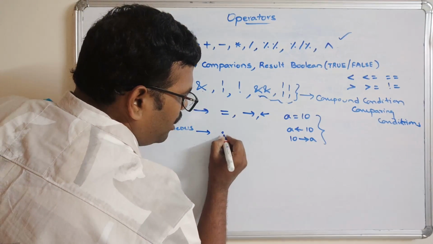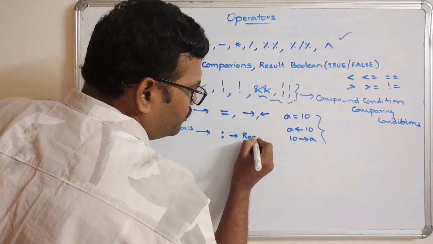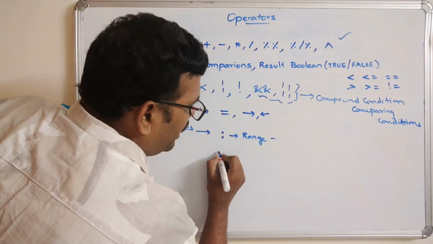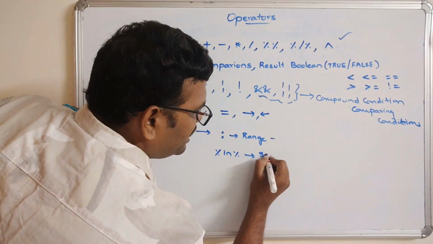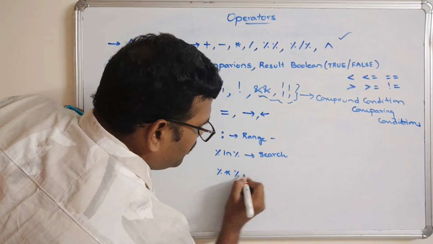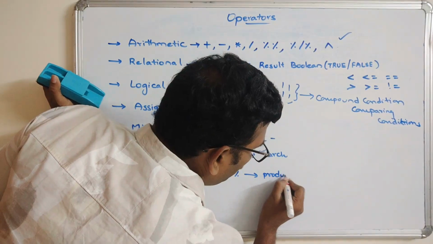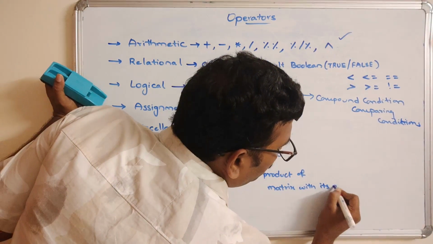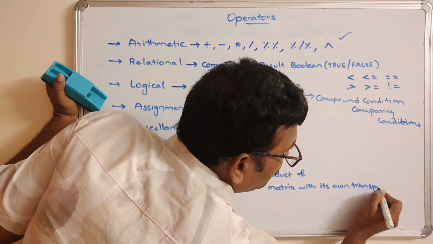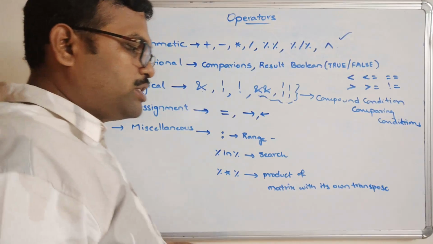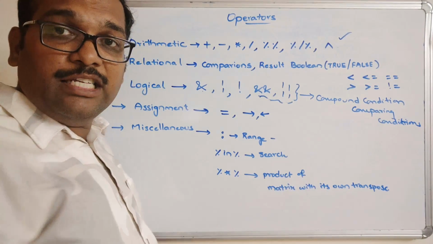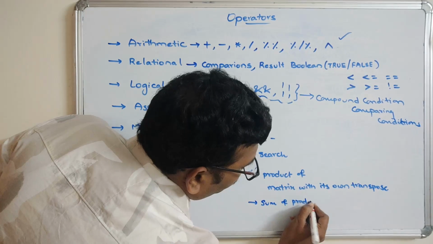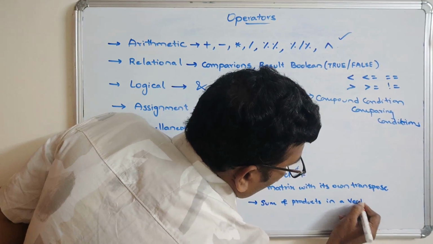Those three are the colon, which gives a range of values, which specifies the range; percentage in percentage, which is for search; and one more is percentage star percentage, which gives the product of a matrix with its own transpose, or else it will give the sum of products in a vector. I'll explain you one by one.